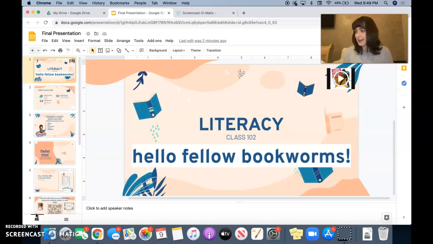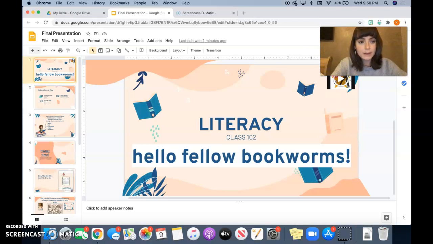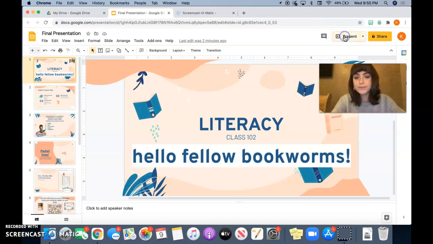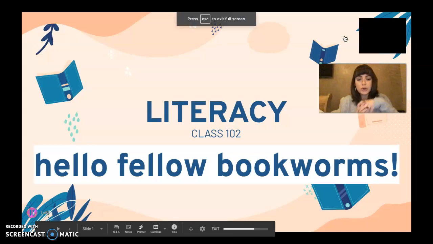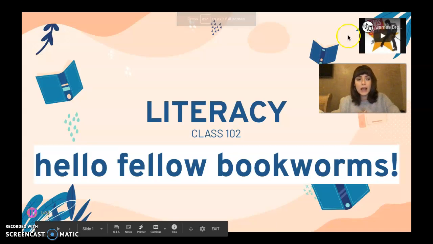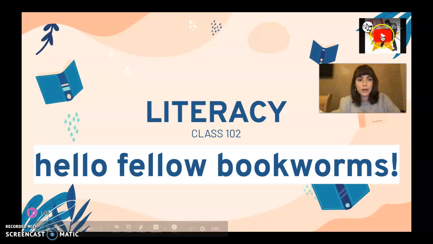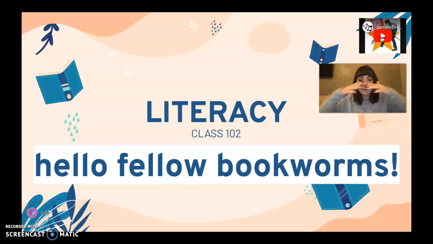So how I would begin this is I put together a Google slideshow. I'm going to present it. Let me move myself. Okay, so ideally I would click play right here and the song I Feel Good by James Brown would start playing as my walk-on song.